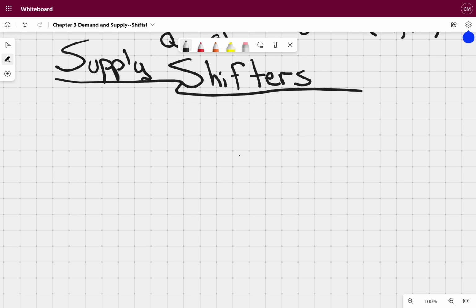Okay, so the first one, and the one that you'll probably see the most of, is our change in the input, or the price of an input, right? So it's sometimes seen as FOP, which stands for factors of production.